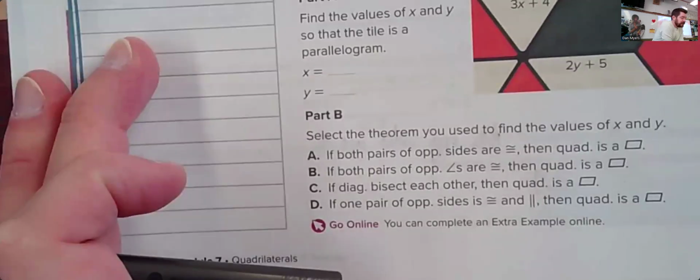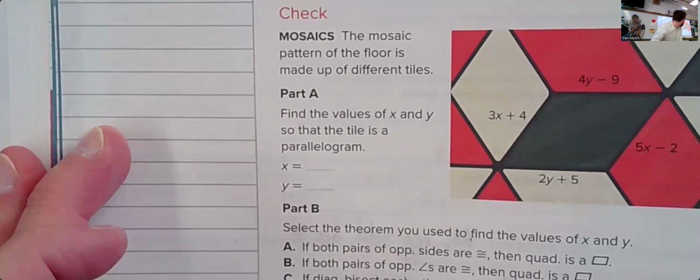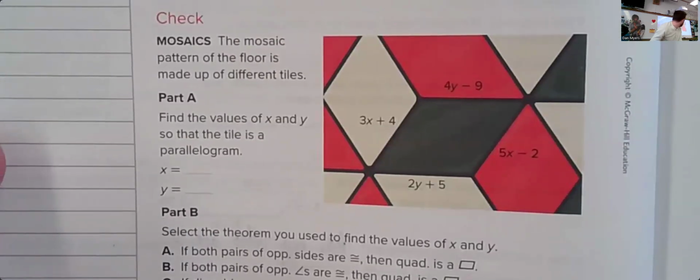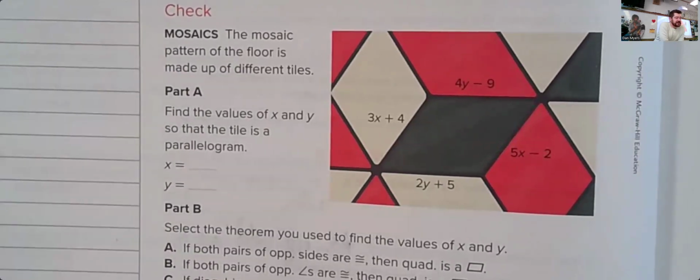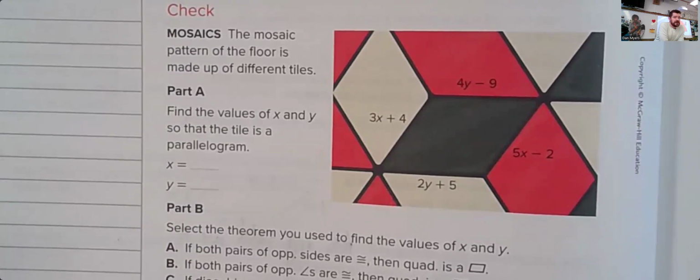Mosaics. The mosaic, there it is. The mosaic pattern of the floor is made up of different tiles. Part A, find the values of X and Y so that the tile is a parallelogram. So this time, we're looking at angles or sides here? Sides.